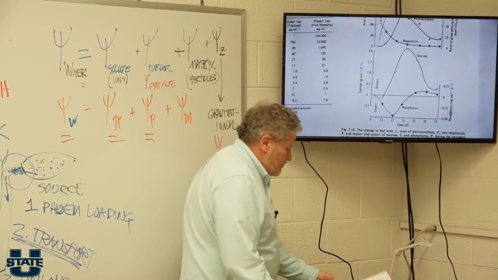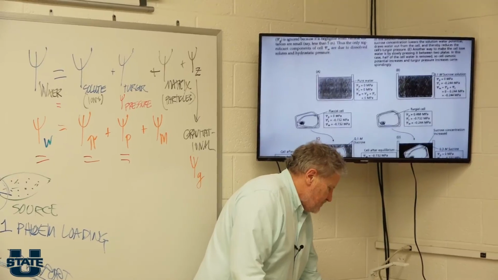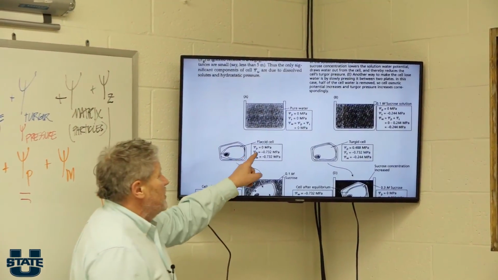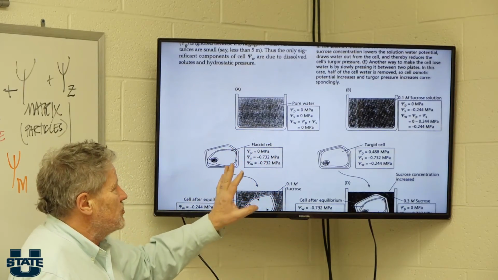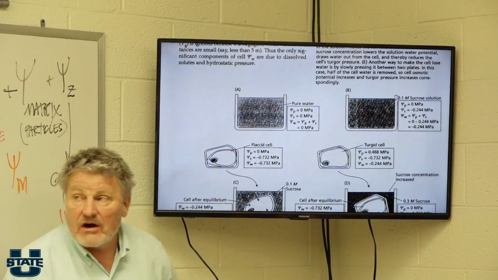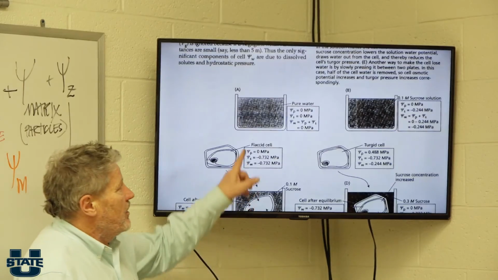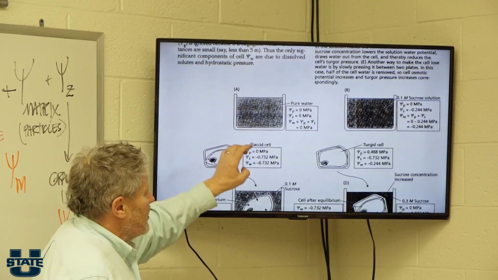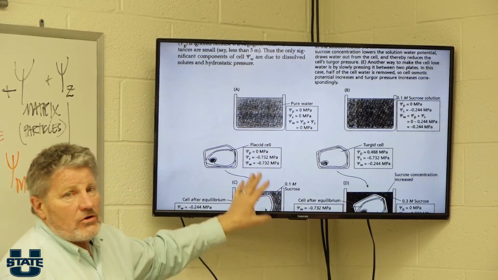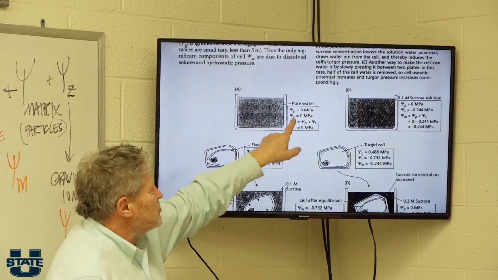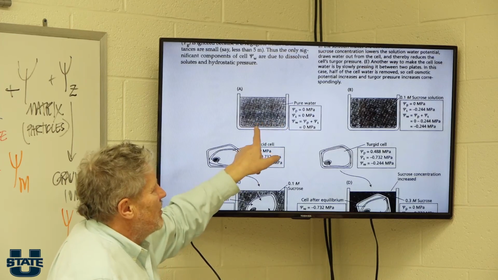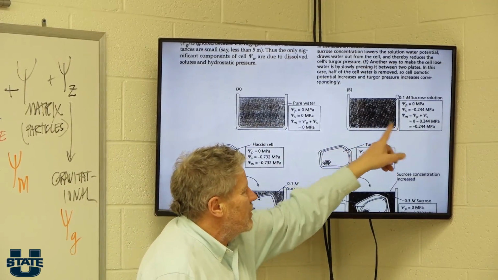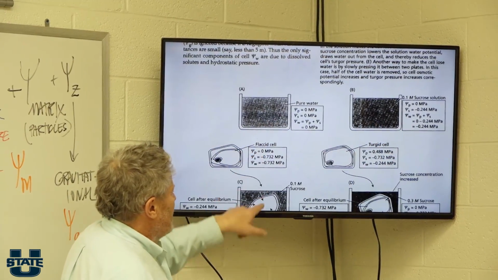Let me close on this. This is a diagram that I sent last week. I don't know that I talked about it in class. Study this, make sure you understand it. This is just our simple beaker of water with a cell floating in it, and what happens to the water potential. I think if you look at this and look at the numbers, you'll say, okay, it starts out all zeros, then we put some sugar in there and we get some positive numbers, and then it wilts.